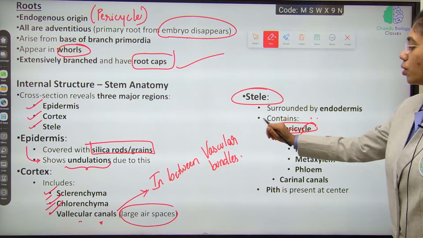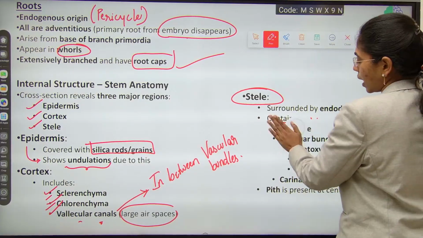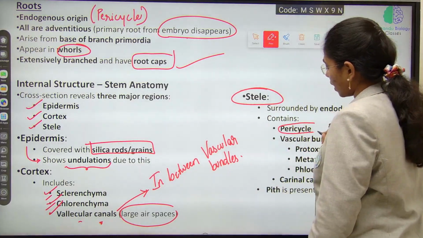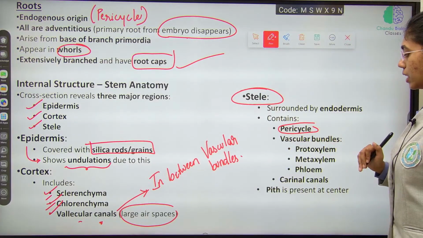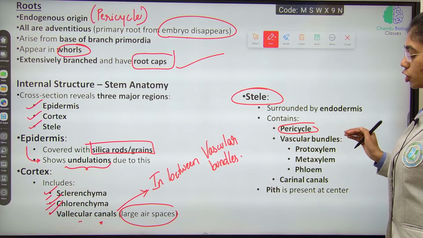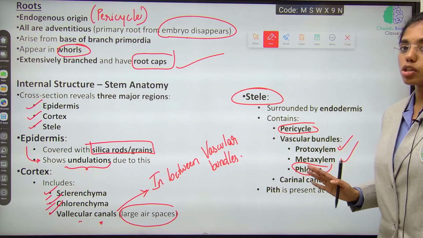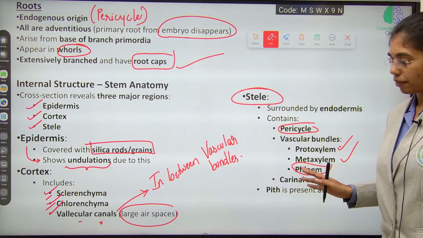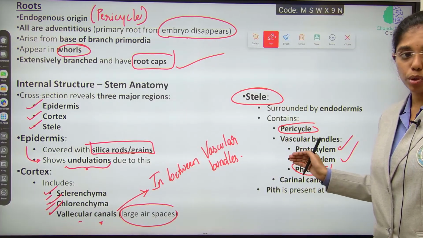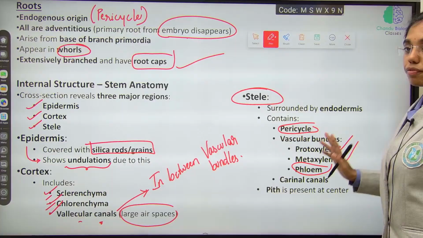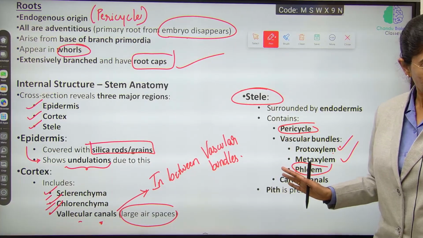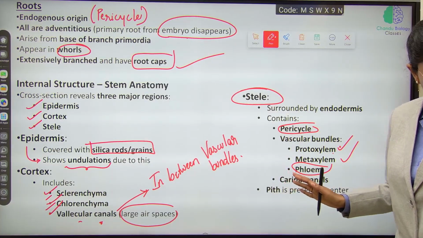Pericycle, as I told you, the roots which are endogenous in origin, they start arising from the pericycle itself. And vascular bundles will possess protoxylem, metaxylem and phloem. Phloem is not differentiated into proto and meta, whereas xylem is differentiated into protoxylem and metaxylem. Proto is the first formed xylem or primitive xylem, whereas metaxylem is the matured xylem.